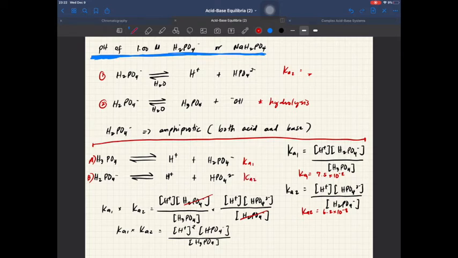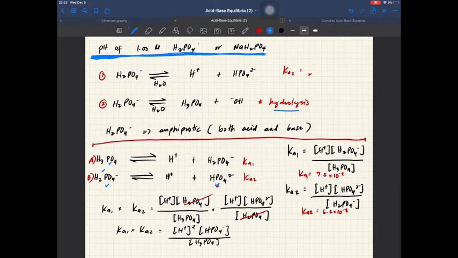But also take note that while dihydrogen phosphate produces hydrogen phosphate ion, it also produces phosphoric acid because of hydrolysis. So how do we reconcile this? One way to reconcile this is by deriving this expression. So suppose we have Ka1 times Ka2.